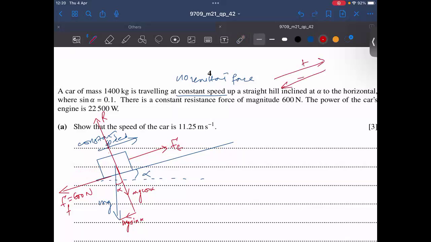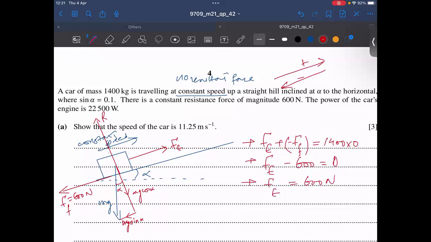So I'm going to take Fe as positive plus force of friction as negative equals M, which is 1400, times a. A is 0 because it is traveling at constant speed. Now Fe minus 600 equals 0. So the force of the engine is going to be equal to 600 newtons.